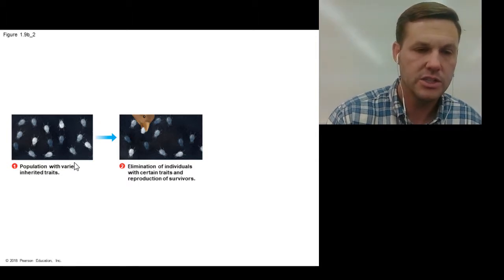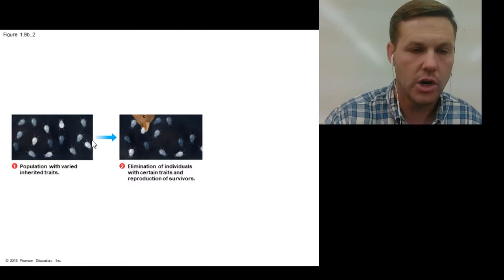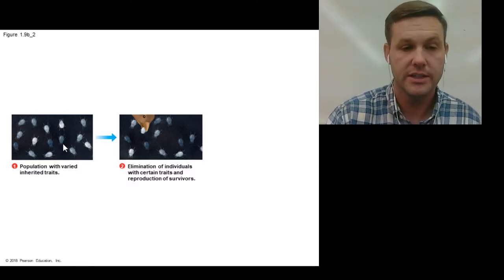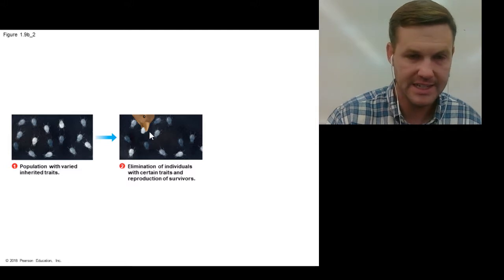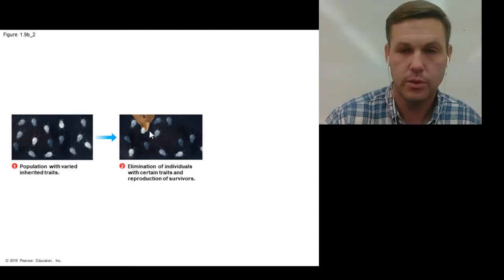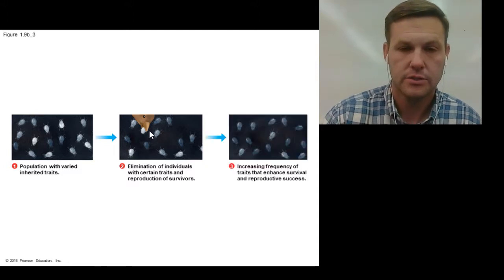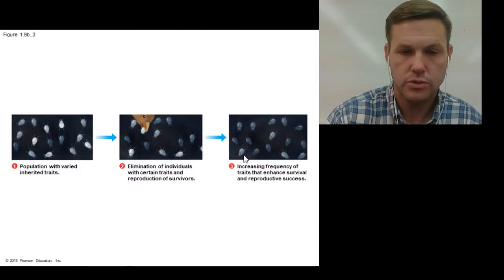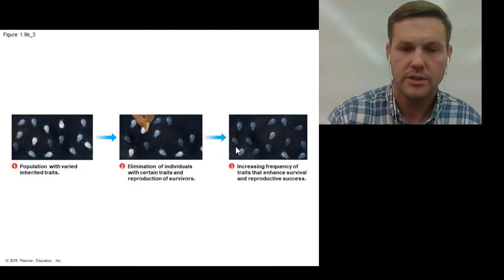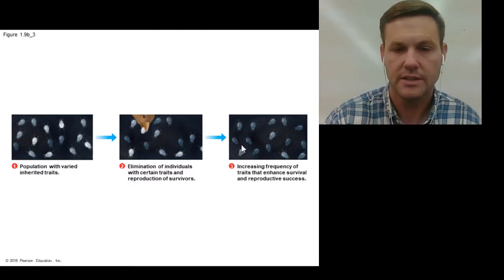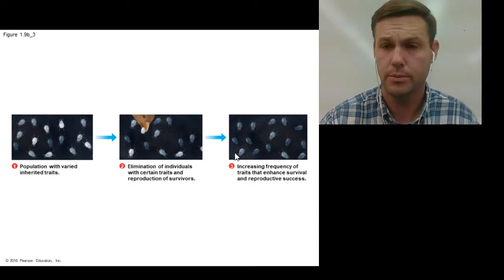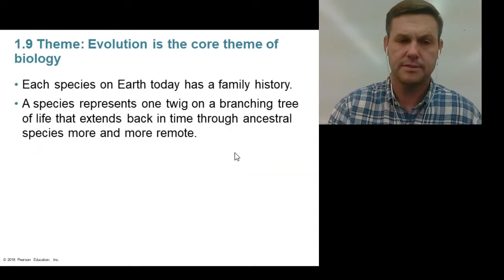This population has a dark environment around it, so the darker insects are able to blend in, and the light insect was very observable to that predator. Over time, because that insect is no longer here to reproduce, there's an increasing frequency of traits that enhance the survival and reproductive success of the darker insect.